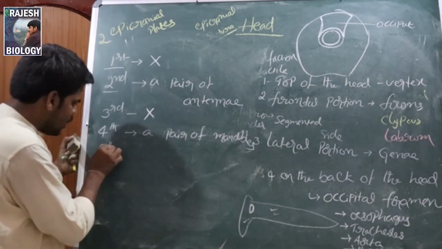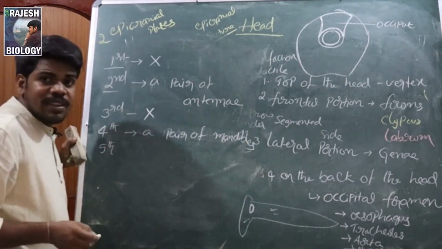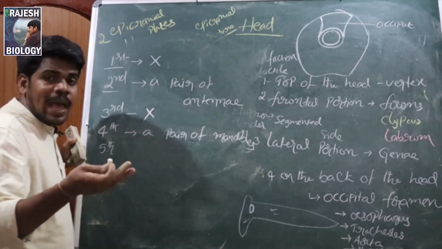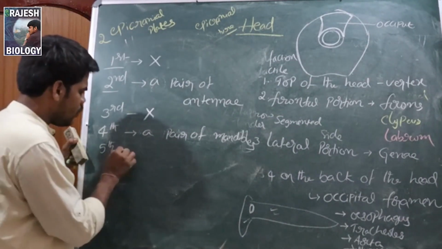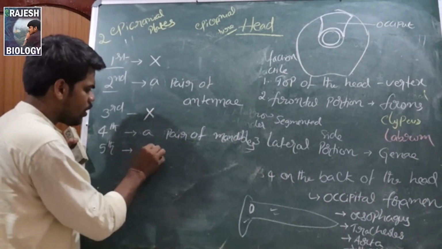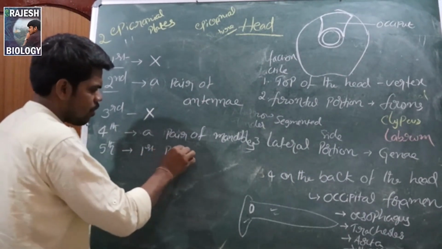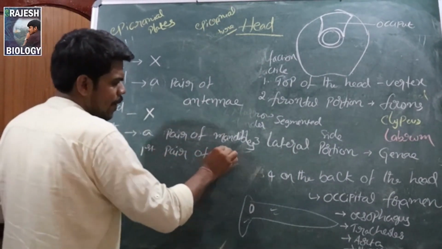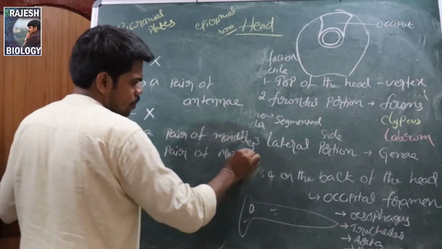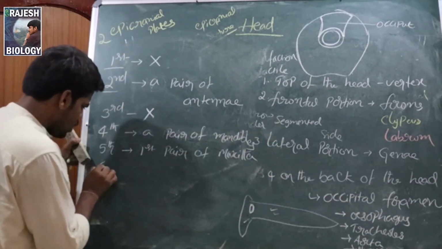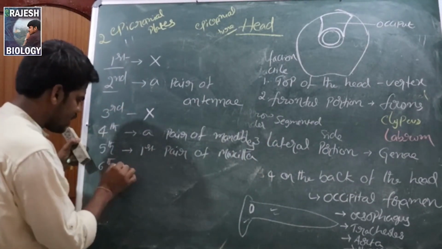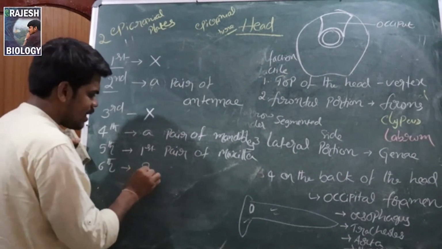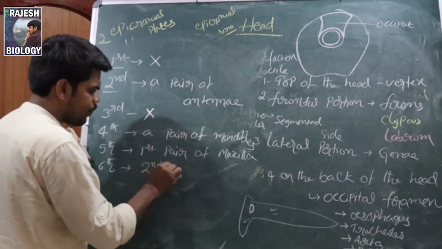Next, the fifth segment. The labrum, maxilla is present. So the fifth segment has the first pair of maxilla. And last but not least, the sixth segment has the second pair of maxilla.